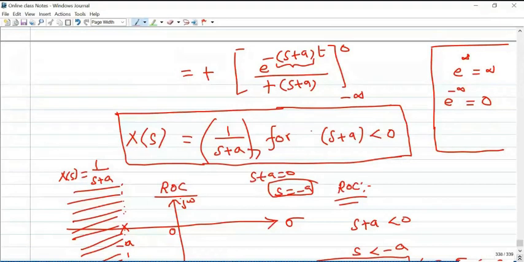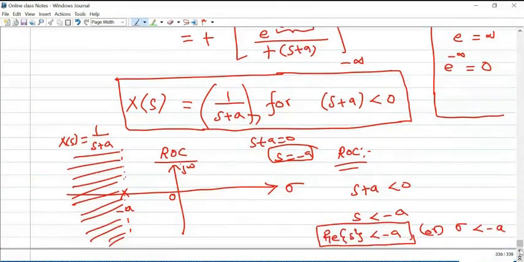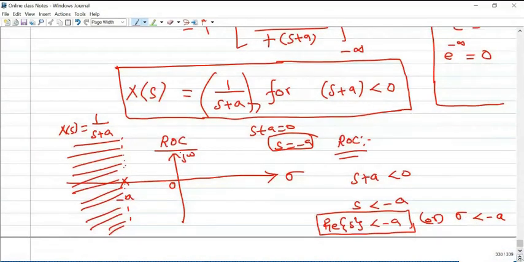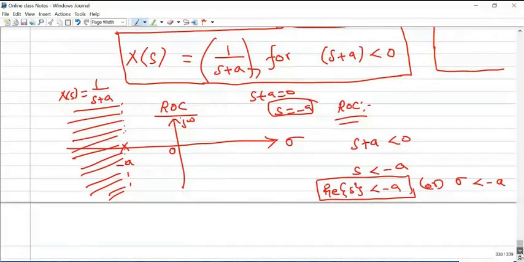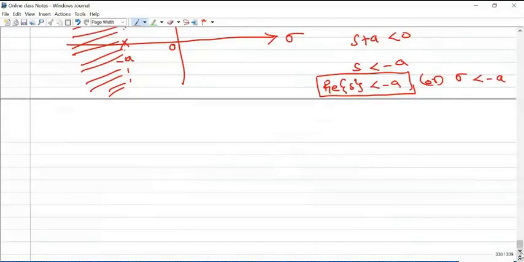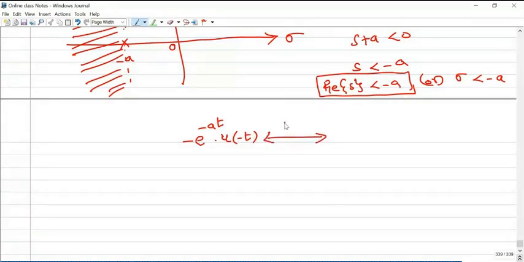So from this relation, you can easily derive the condition for region of convergence, that is sigma is less than minus a. So this is another important formula of Laplace transform: minus e power minus at u of minus t.